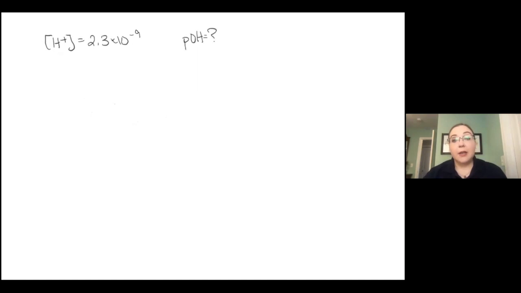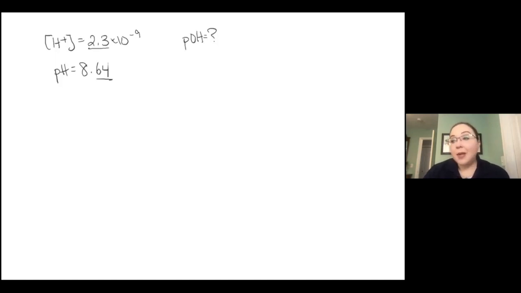So the first thing I'm going to think is, if I know my H+ concentration, I can find my pH. I just take the negative log of my H+ concentration. So 2.3 times 10 to the minus 9, and I'm going to take the negative log, and I get my pH equals 8.64. Because I had 2 sig figs in the coefficient, I'll have 2 decimal places here. So 8.64 is our pH.